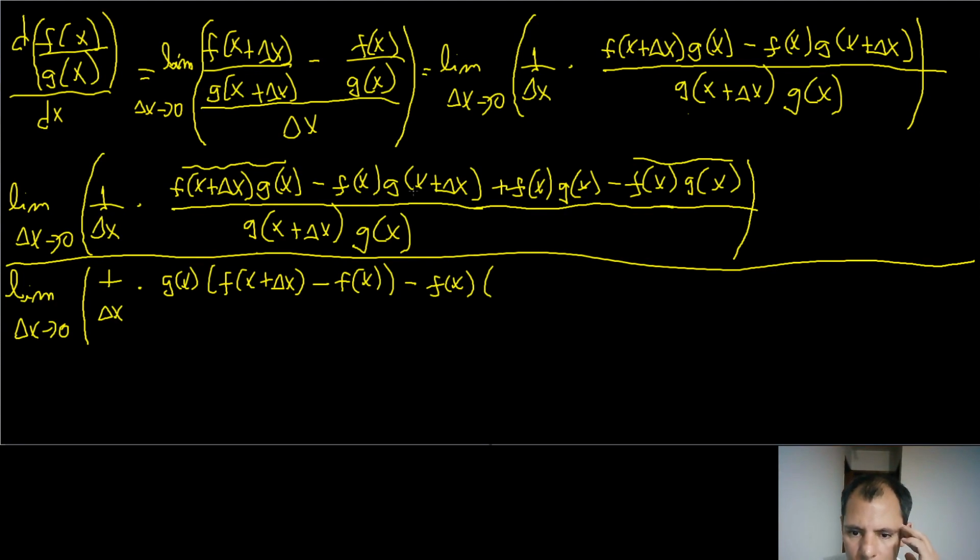Okay? Now, g of x plus delta x times minus f of x divided by minus f of x. Well, you got a minus divided by another minus. That's a plus in here. And what's left? g of x plus delta x. Okay? And now the other term.